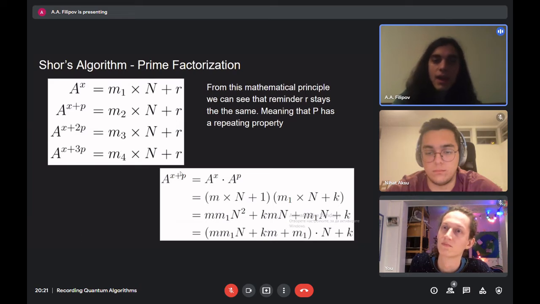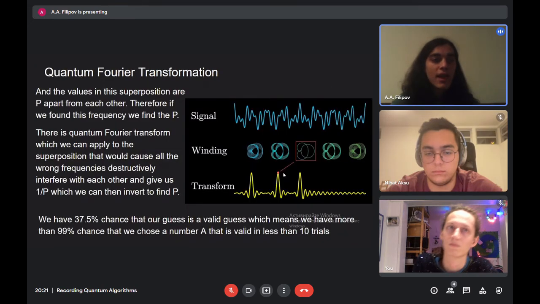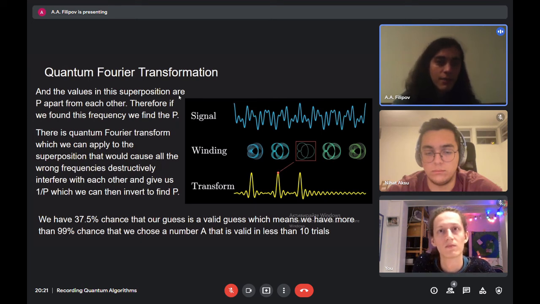The equation at the bottom shows us that because a^p is equal to a multiple of n plus 1, it will always have the same remainder here. And from that, all the values of the superposition are p apart from each other. Therefore, there will be a frequency of 1 over p.